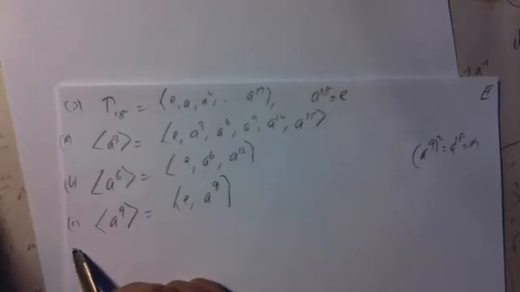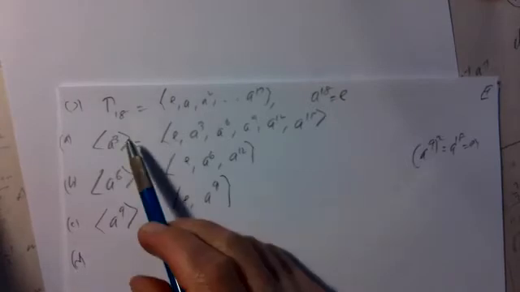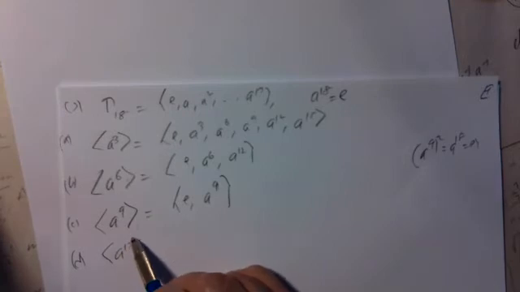And then the final part of this problem, let's see, 3, 6, 9, 12. That's right. Calculate the subgroup generated by a to the 12th. So let's see, what is that? So a to the 12th to the 0th power is a to the 0, the identity. Sorry, is there a question?